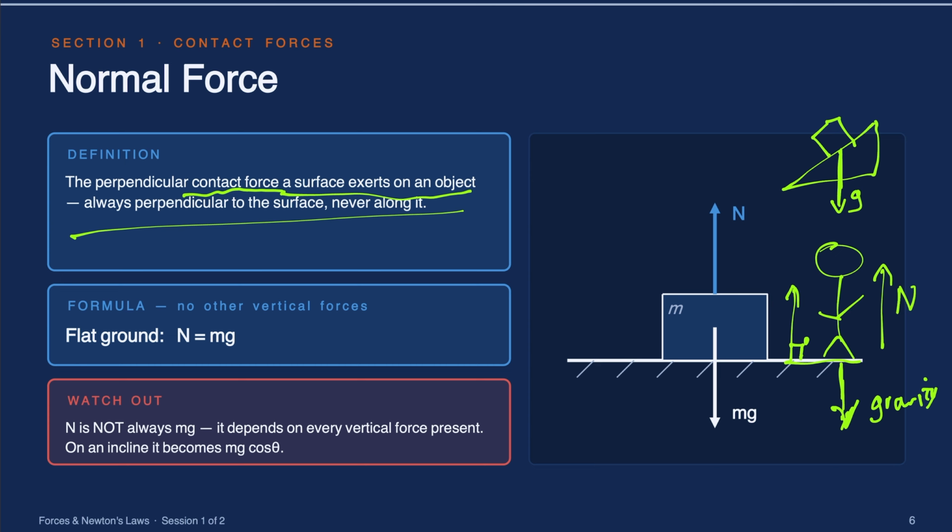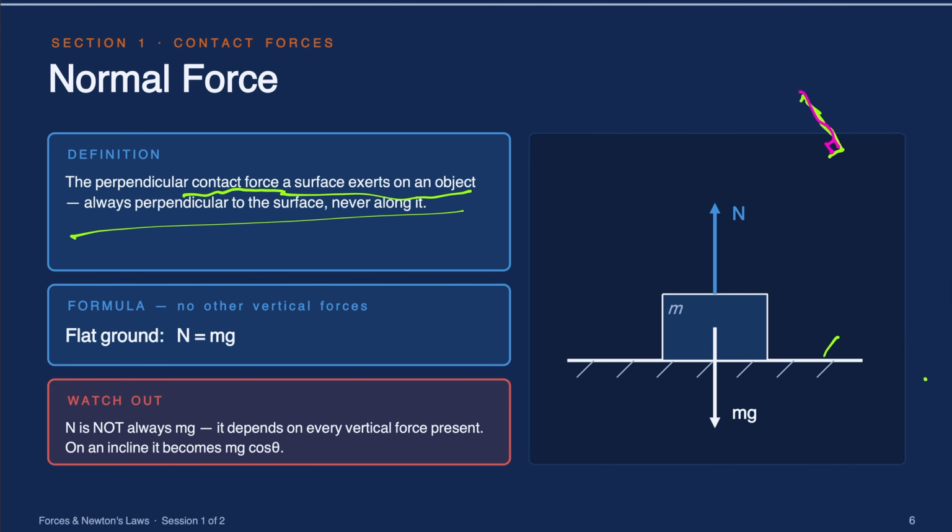But normal would pull perpendicular to the ramp that the block is on. So this is a ramp surface, and you can see the 90-degree angle here, right? Normal is always perpendicular to a surface. Usually it acts opposing gravity, but sometimes it doesn't need to oppose gravity. Like the ramp example we showed, it doesn't oppose all of gravity, which we'll look at later.